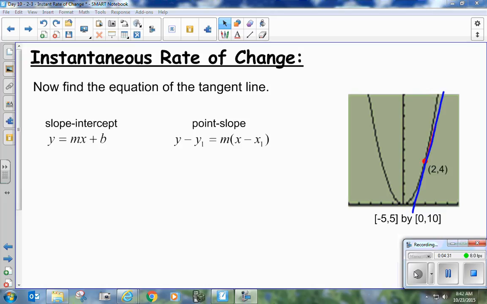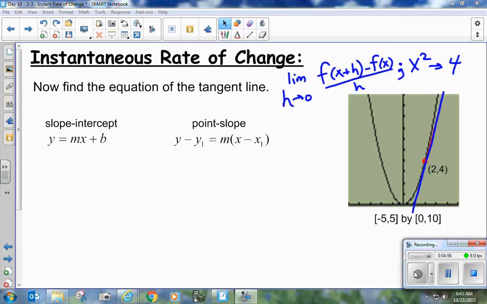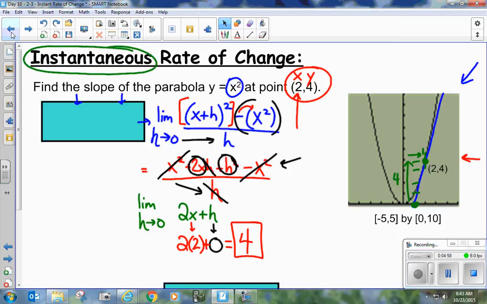Let me explain. Based on the work we just did, we figured out the slope of that tangent line when we took the limit as h approaches 0 of f(x plus h) minus f(x) all over h of the function x squared. We got the slope to be 4, didn't we? It's right here. That's our slope.